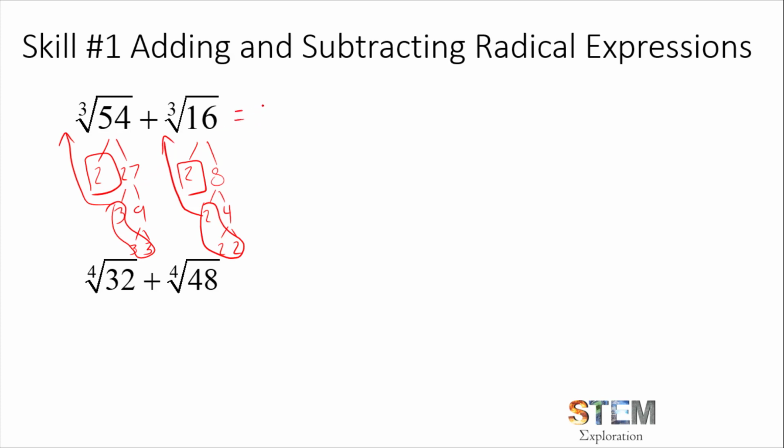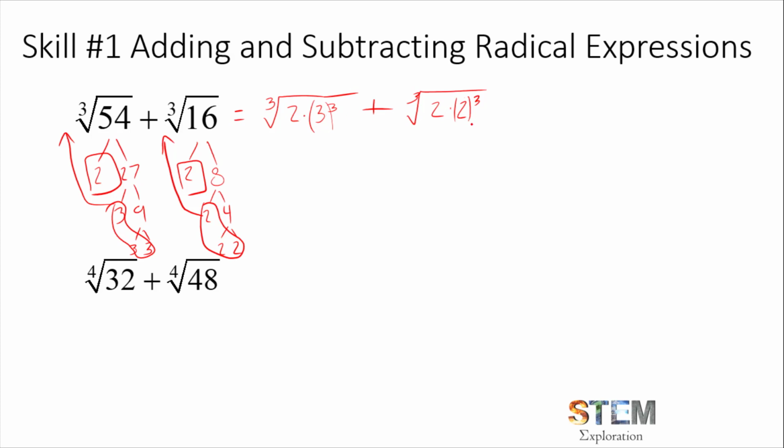So if we simplify this out a little bit, what we'll see is that we have the cube root of 2 times 3 cubed, and then we can try to add that to the cube root of 2 times 2 cubed. Let's put these in parentheses to avoid any confusion.